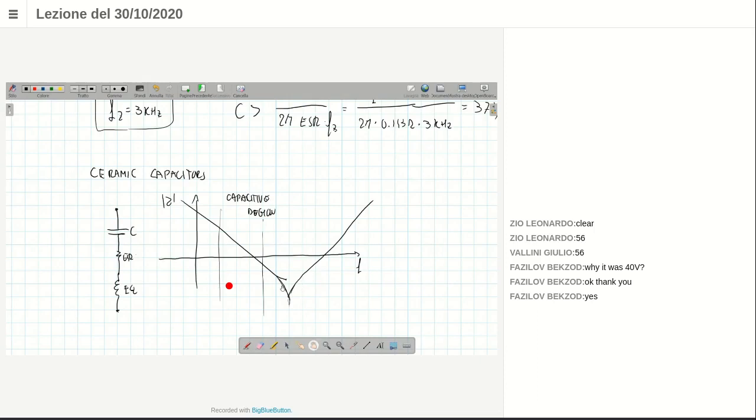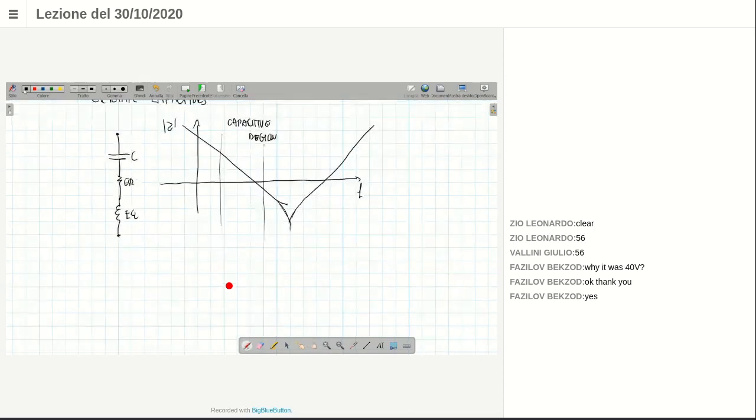In the capacitive region, you should have discussed this in class. The requirement on the ripple can be met by choosing a capacitor which is larger than the current ripple divided by 8 times the switching frequency times the target voltage ripple, the voltage ripple that we can accept.